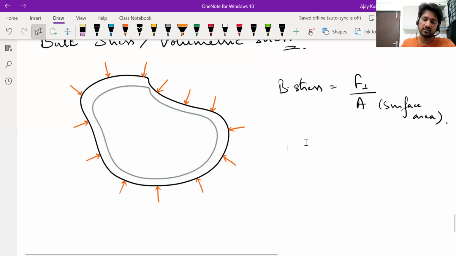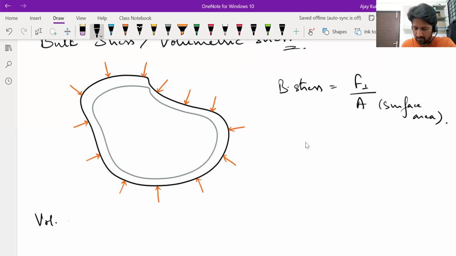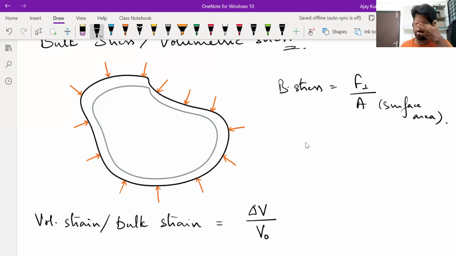The corresponding strain it produces is called volumetric strain or bulk strain. How is it calculated? Change in volume divided by natural volume. What is natural volume? When there's no stress, whatever volume the object would assume is called natural volume.